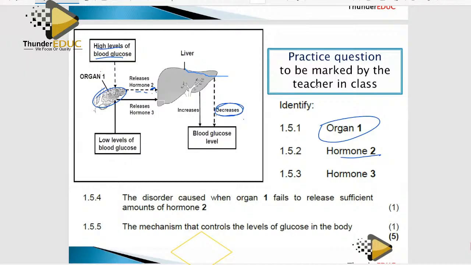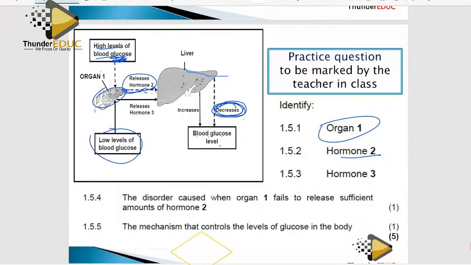Which hormone helps decrease the amount of glucose in the blood? Insulin. So hormone 2 is insulin. Once it is produced, it stimulates the liver to convert too much glucose into glycogen. Then the level of glucose decreases, and the blood glucose level goes back to normal.